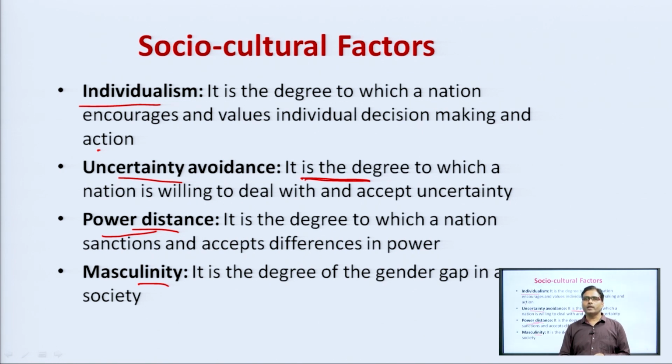Then it will be difficult for you to hire women power in your organization. So you have to check how this cultural factor works. Is there a high level of masculinity, or is it liberal, where they give power to everyone, and the decision makers are both male and female?